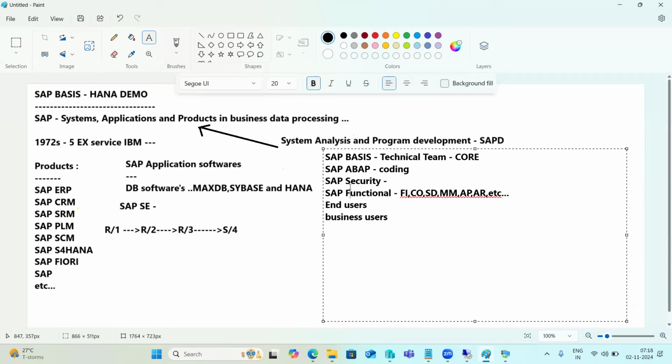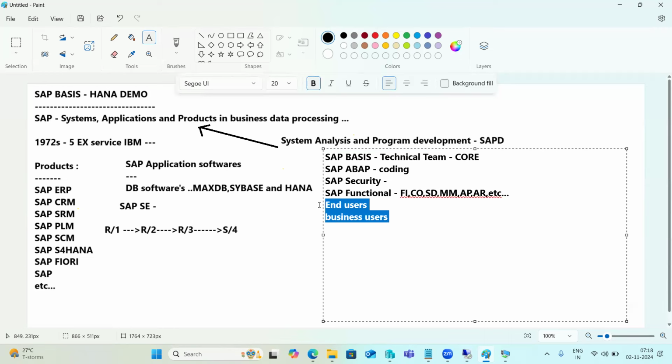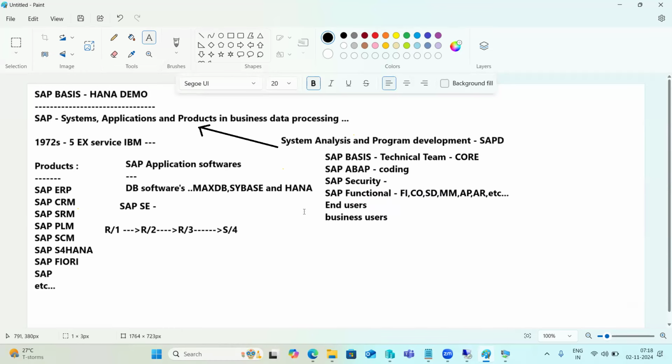But our duty, we are the technical teams, to support the SAP systems and everything here, right? The business users will do the accounts, transactions, and everything. So our role is the main role here: taking the business instructions, implementations, and go-live activities, business go-live, then supporting the SAP systems.